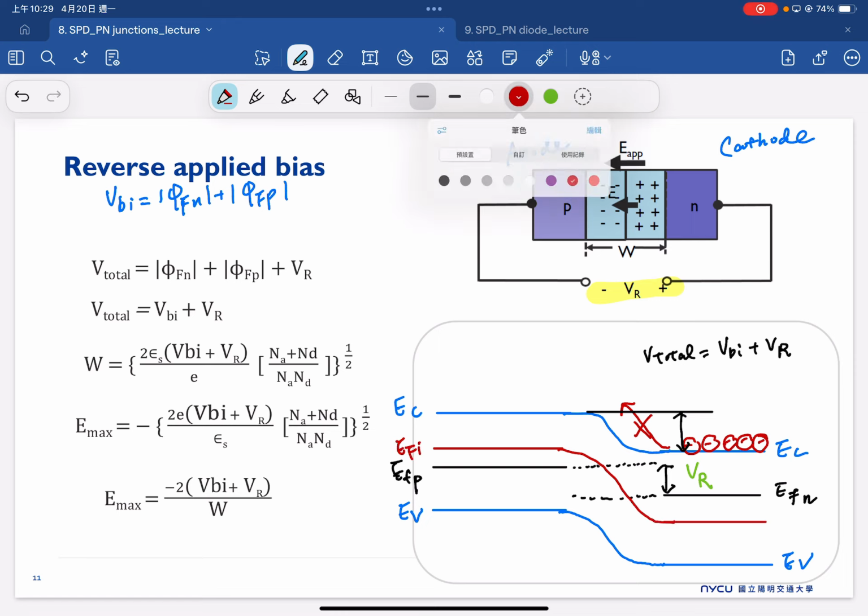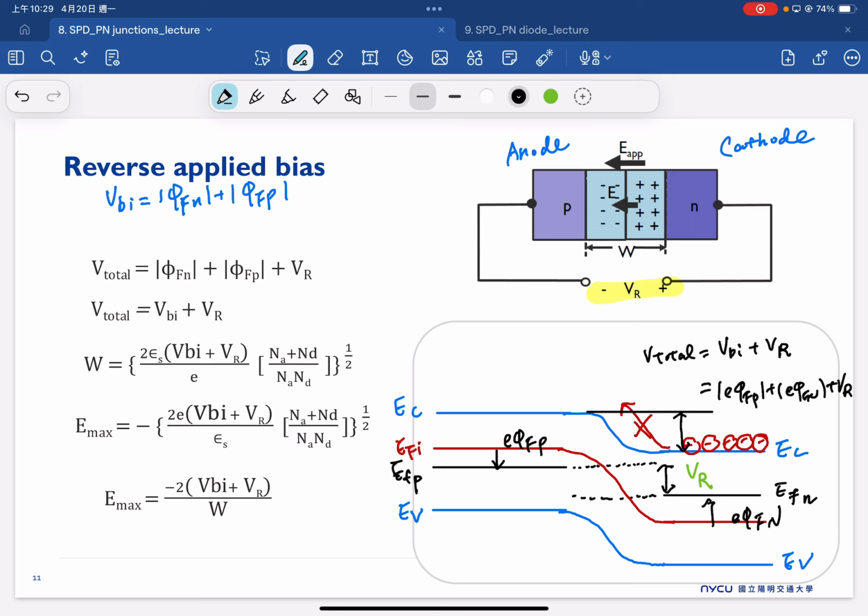So we can still use e phi FP and e phi FN, and therefore the VBI, as we already mentioned previously, is equal to e phi FP plus e phi FN. As shown here, V total is equal to VBI plus VR.